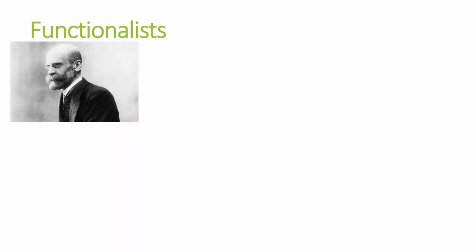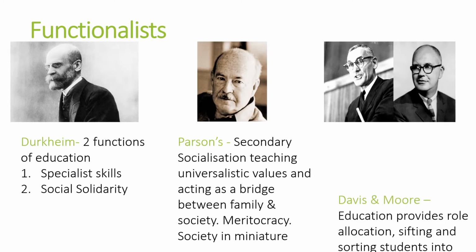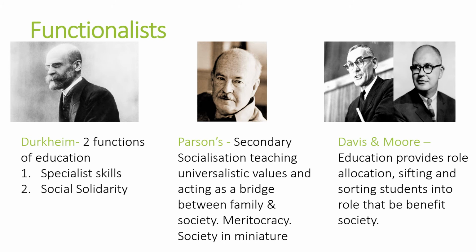Now, the key functionalists we have would be Durkheim, Parsons, and Davis and Moore. Durkheim talked about how the education system had two specialist functions. It was teaching us specialist skills and integrating us into society, reinforcing social solidarity of norms, values and beliefs. Parsons talked about the secondary socialisation process.